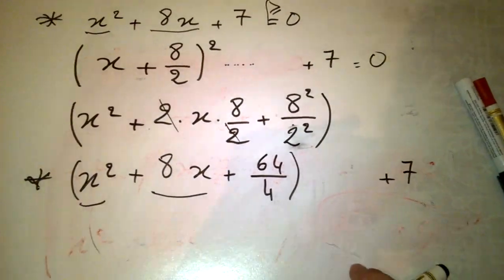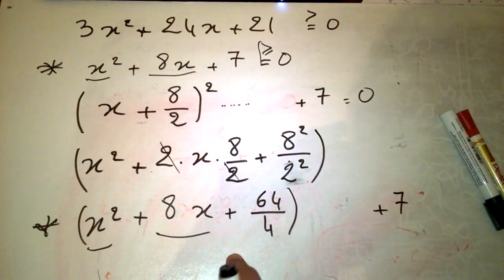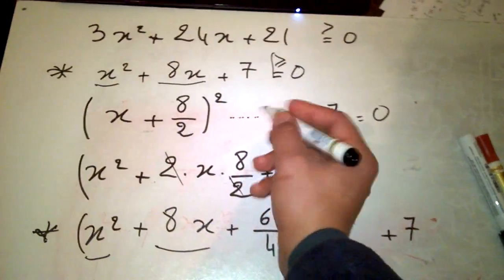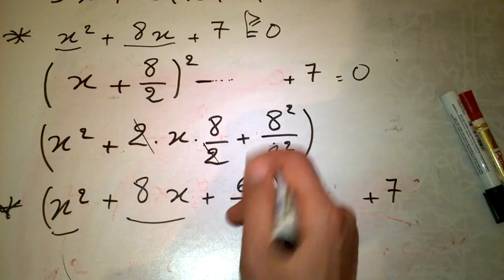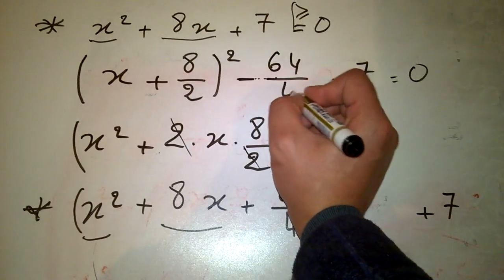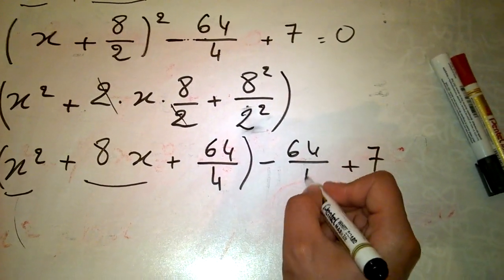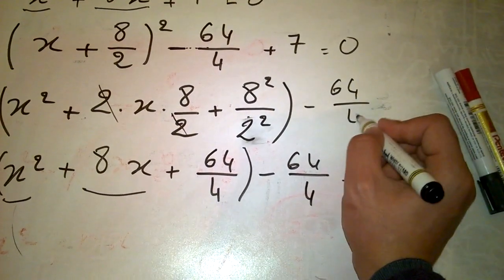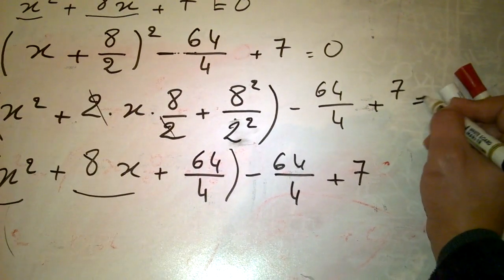So what we have to do to get from this to that, we'll have to subtract this one, 64 over 4. So 64 over 4 minus 64 over 4 plus 7 equal to 0.